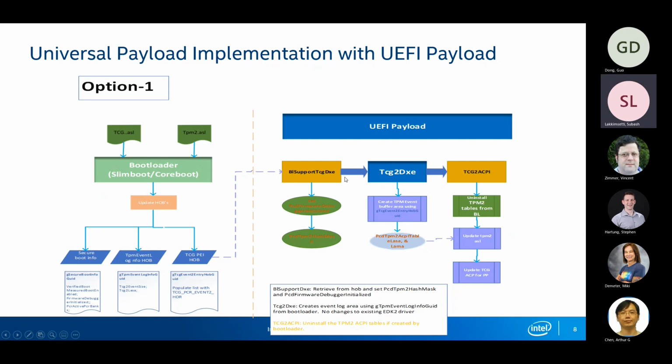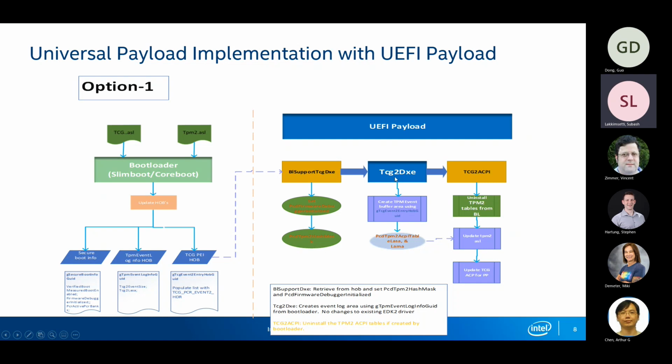Once this driver is done, next is the TCG2 DXE driver, where the event log buffer will be created. It will use the information we have published from the TCG PI HOB, and it will populate some other PCDs which are required for updating the TPM table.